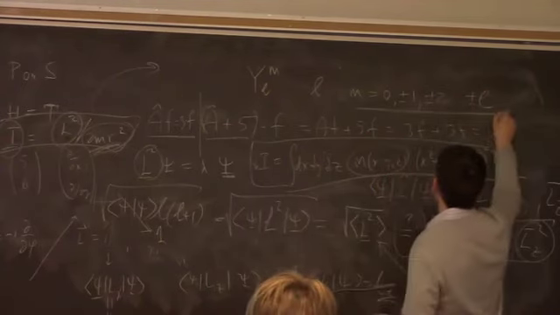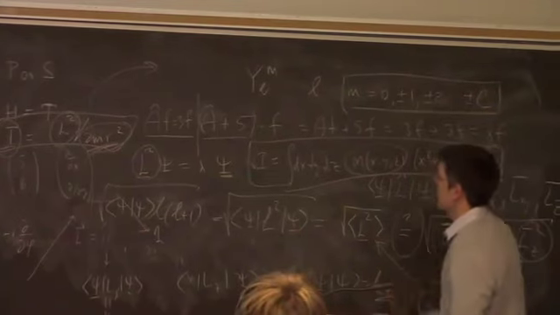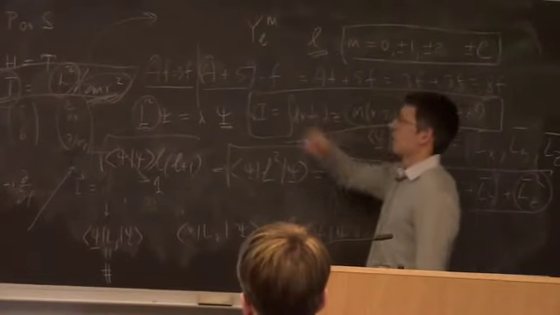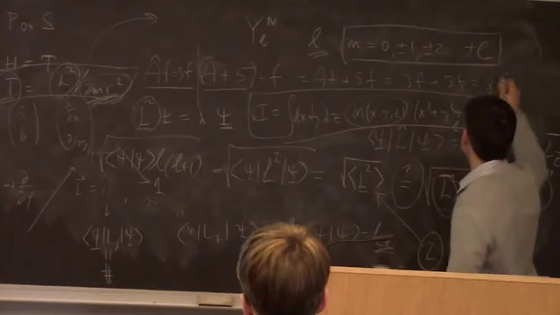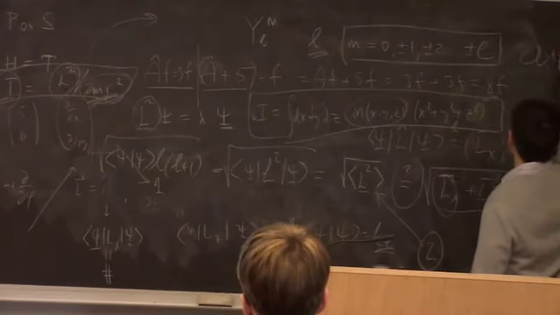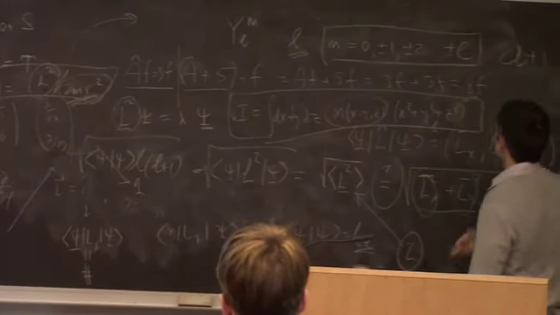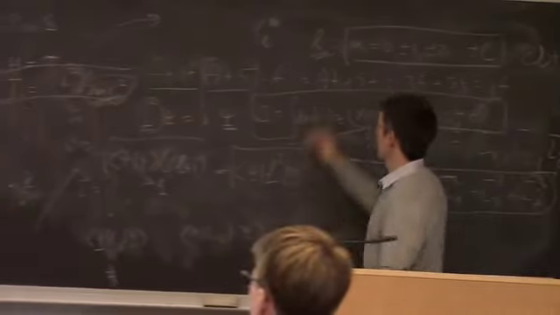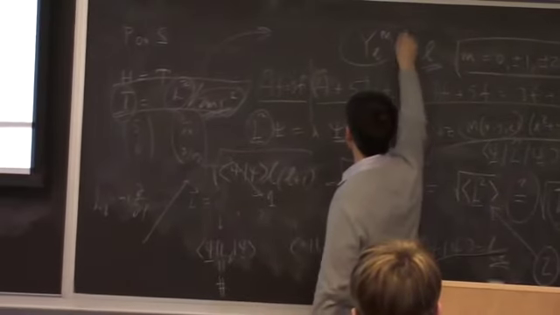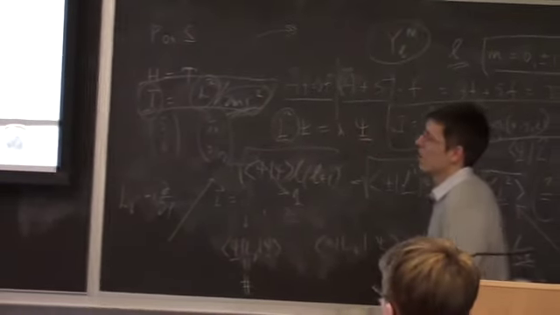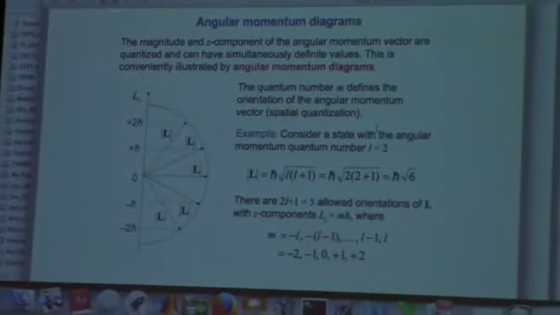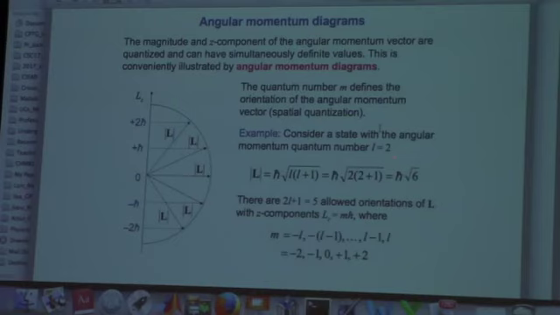So how many values of m does L allow you to have? 2L plus 1. Right? So that means if L is fixed, we have 2L plus 1 functions. And for all these functions, consider the case where L equals 2, the d orbital.